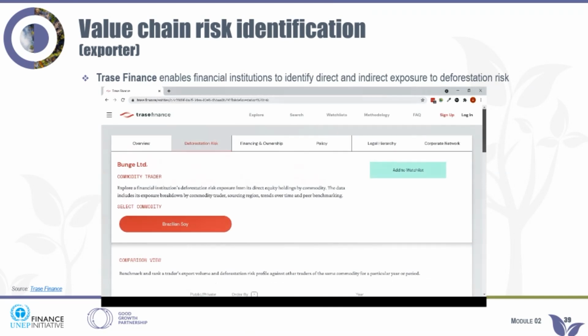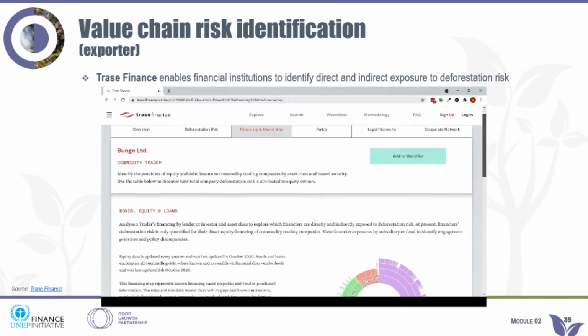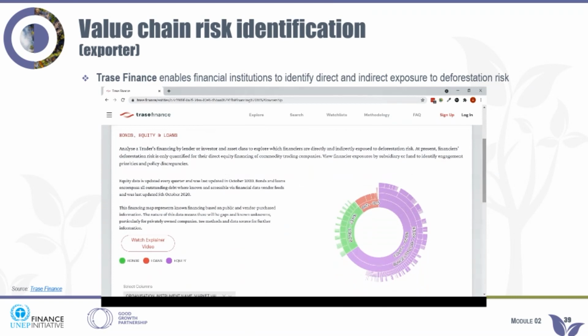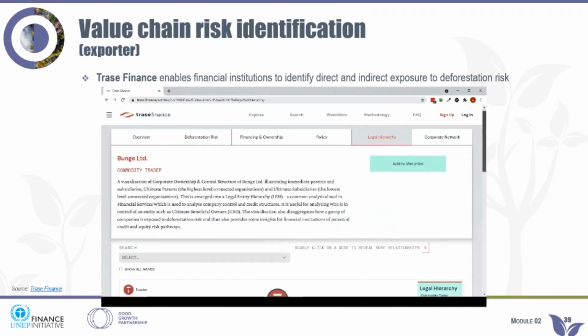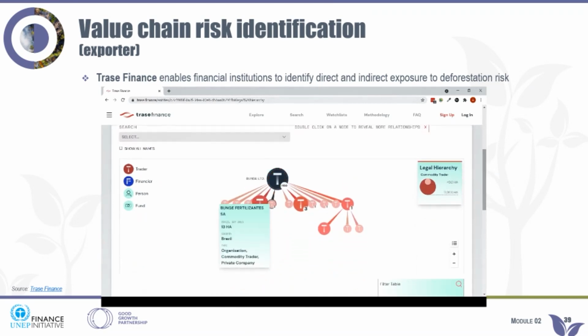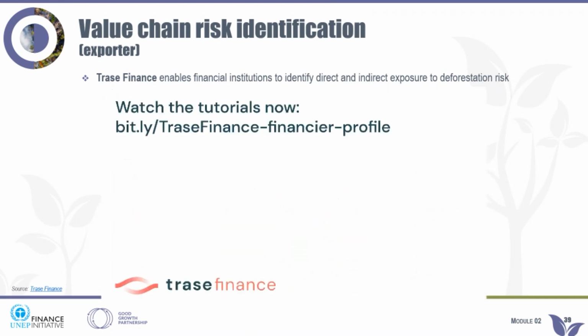You can also look at a company's financing under the Financing and Ownership tab. This includes information on equity, bonds and loans, and their respective holders and lenders where this is known. You can also view the company's legal hierarchy to identify the ultimate beneficial owner and identify high-risk subsidiaries. Watch our tutorial video to learn more about company profiles on Trace Finance.